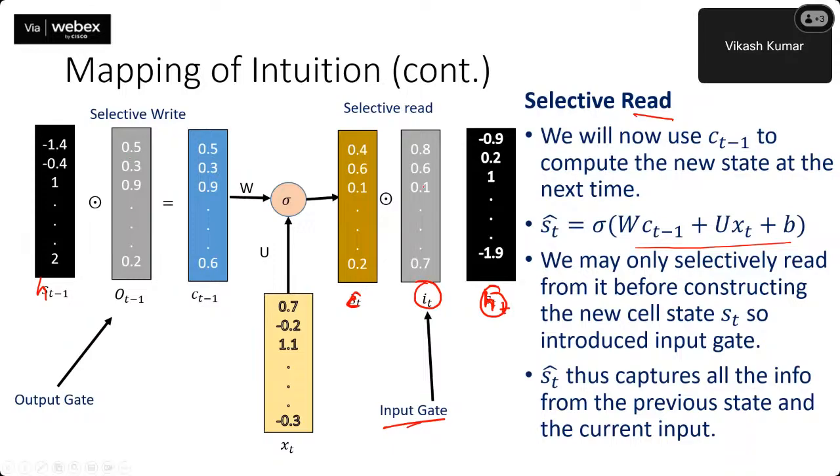The way you parameterize the input gate, output gate, and forget gate will produce different variants of LSTM. But the baseline of the LSTM is that we must have some provision of selective write, read, and forget.